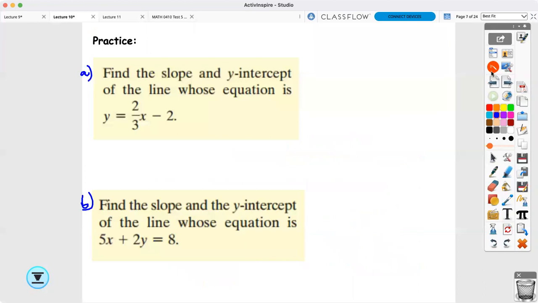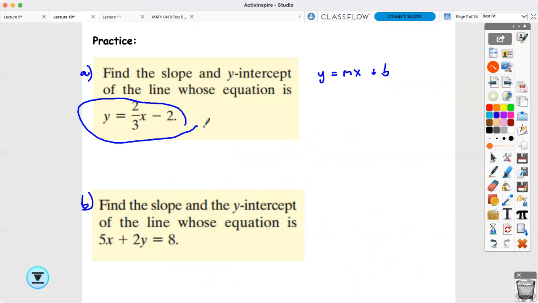So take that same logic, Sarah, and anyone else who doesn't know. Ask yourselves, Sarah, is this question in slope intercept form? Yes or no? Is it in the shape of y equals mx plus b?